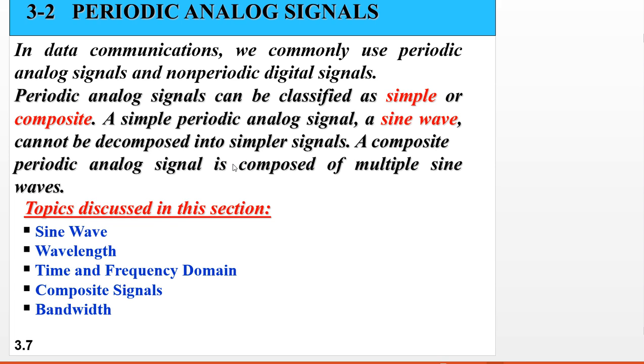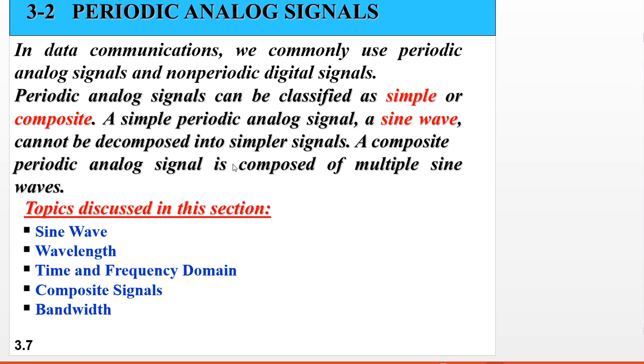Non-periodic signals means it will not retain any cycle for a particular period. There are two types, periodic and non-periodic, but in data communication the commonly used signals are periodic analog signals and non-periodic digital signals. Why?